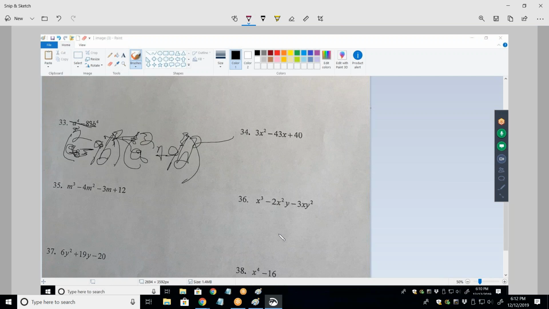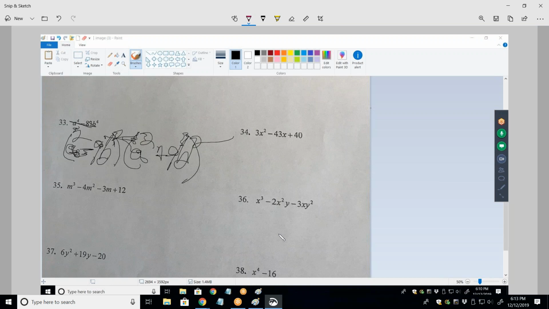Now, 34. What are we going to do with 34? So what's the first thing you're going to try to do? Try and factor out 3x squared. Well, not 3x squared, because you can see an x squared, an x, and a no x, right? So there's no way I can factor out a variable. Yeah.